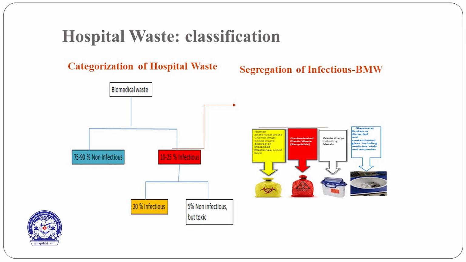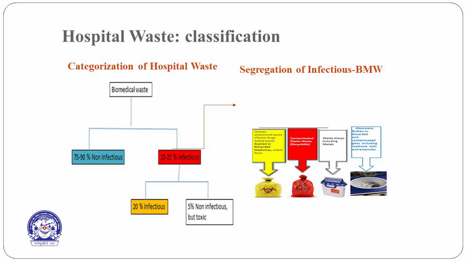Coming to the categorization of hospital waste: of biomedical waste, 75 to 80% is non-infectious waste, and 10 to 25% is infectious waste. Out of that 10 to 25%, 20% is infectious and 5% is non-infectious but toxic.